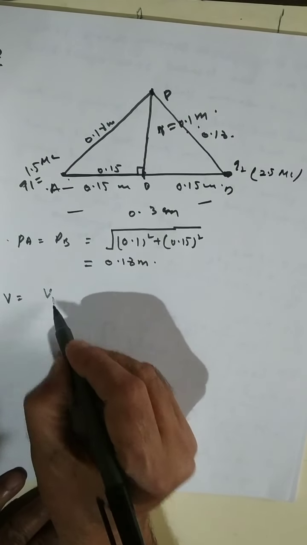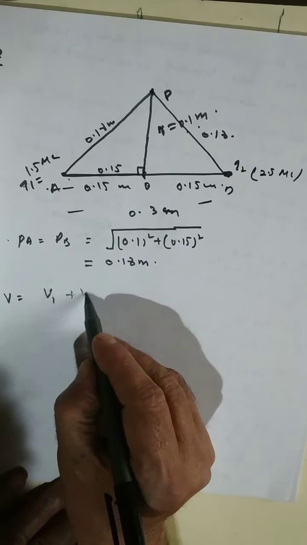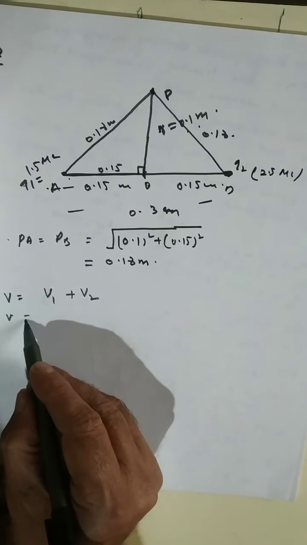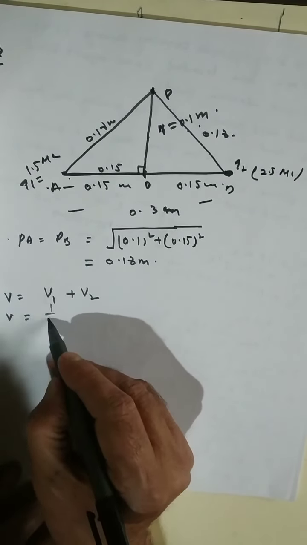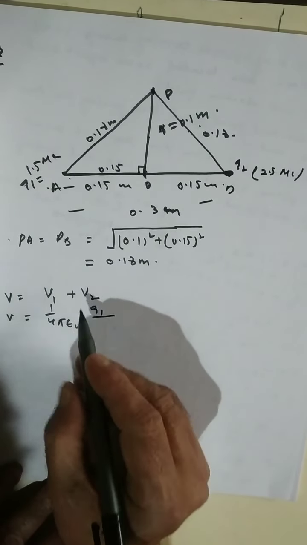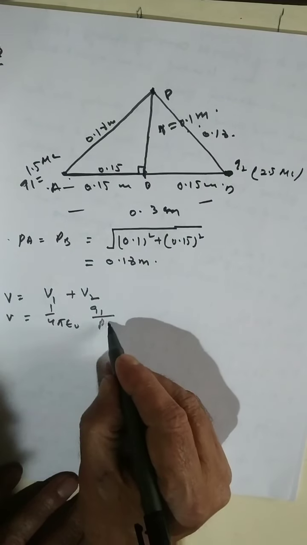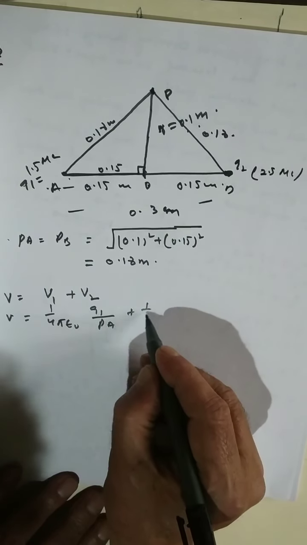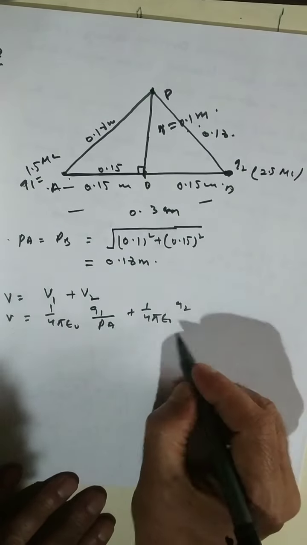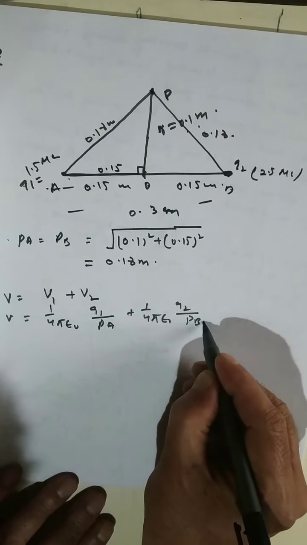potential due to charge Q1 plus potential due to charge Q2. Distance is the same, so it will be 1 by 4 pi epsilon 0 Q1 by R. What is R? That is PA, plus 1 by 4 pi epsilon 0 Q2 by the distance, which is PB. Okay?